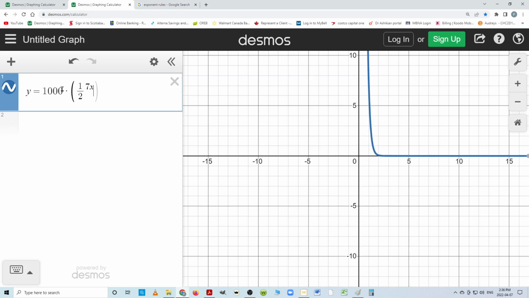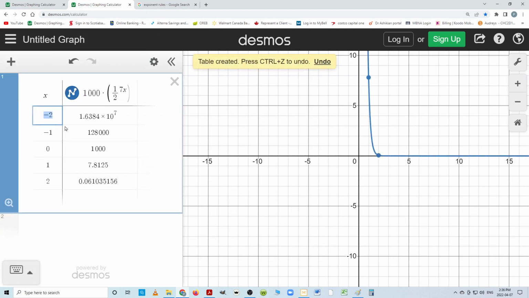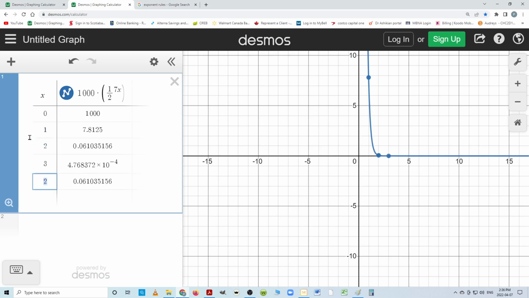That might help. So let's see. No, I still don't quite have it right. So I sort of failed in coming up with a good analogy of what happens after 7 years.